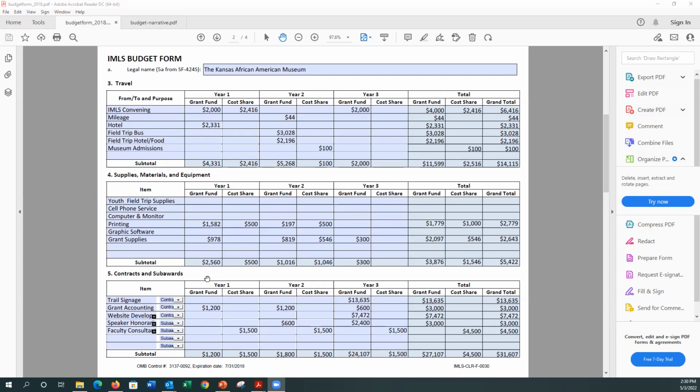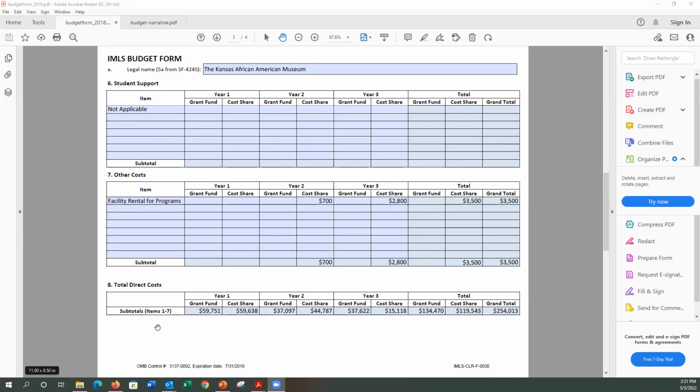So that could have been music, it could have been an exhibit. There were lots of options, but we wanted to give them some funds that they could actually do that. So that's why you see trail signage and faculty consulting that was donated, and speaker honorariums. Those were the funds that we gave to other museums for their event.